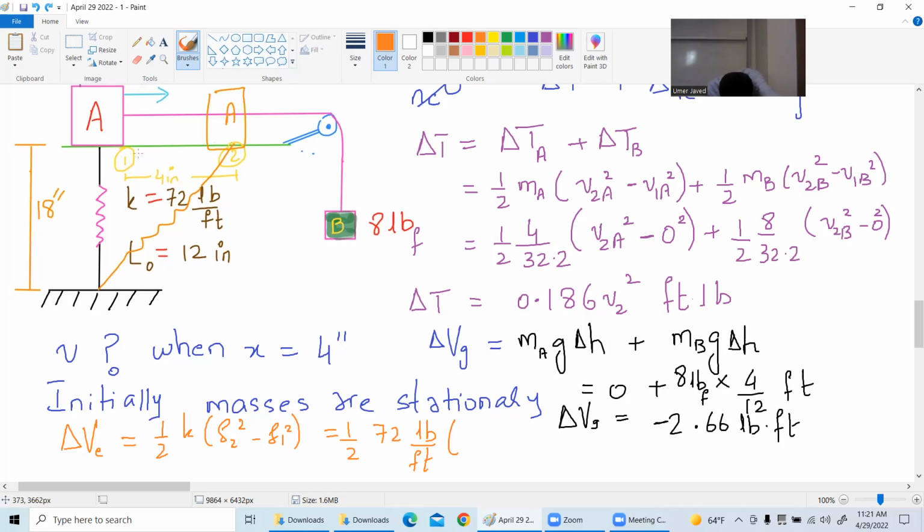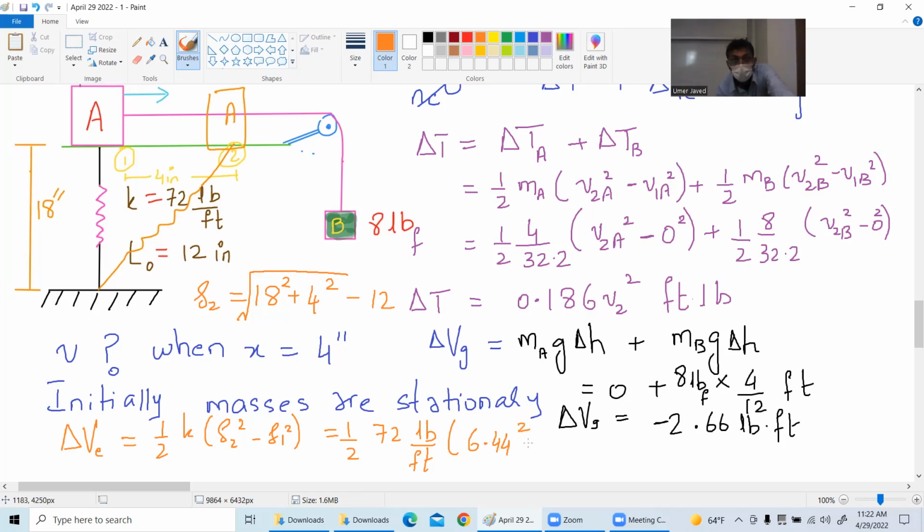So I suppose square root of 18 square plus 4 square. It will become very crazy if I write everything here, so I will not make that mistake. Delta 2 equals the square root of 18 square plus 4 square, which is 18.44. Which is equal to 18.44 minus 12, which is equal to 6.44. Very nice, thank you. You made my life easy. 6.44, and I will put a square, I suppose.